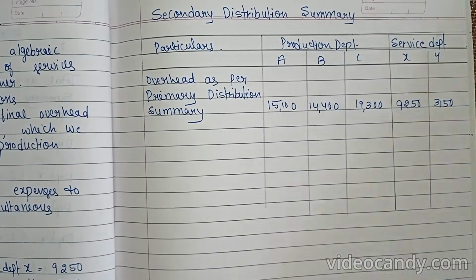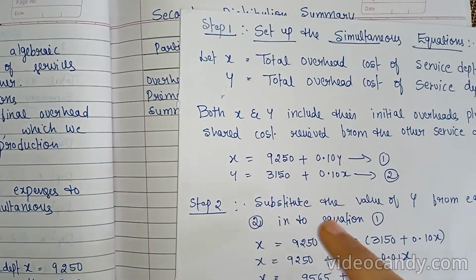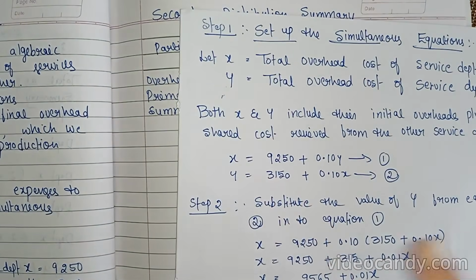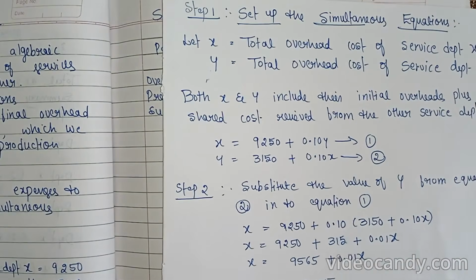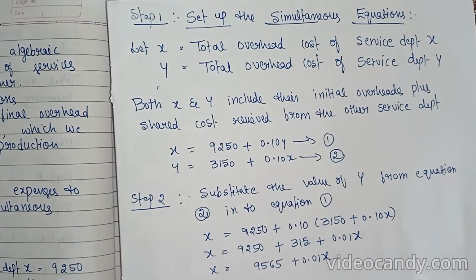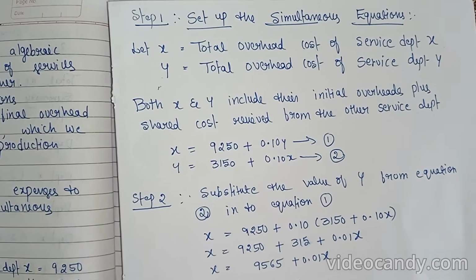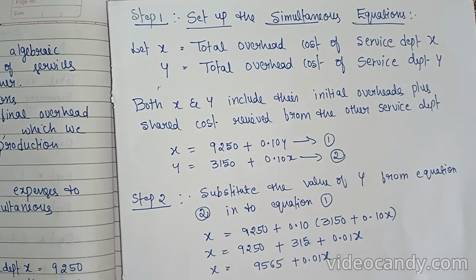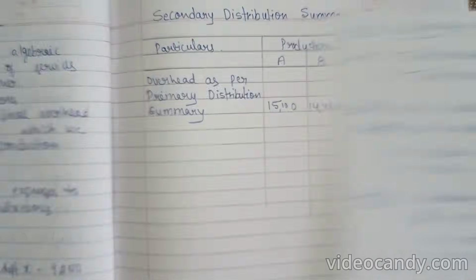And here that is solved by the equation. Here you need not allocate them again. Clear? When distributing final totals to the production departments, you need not allocate X to Y or Y to X shares again.